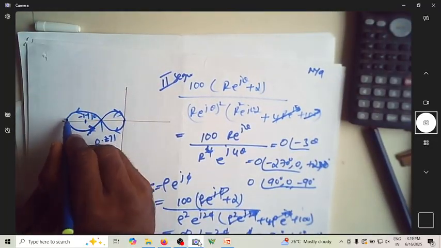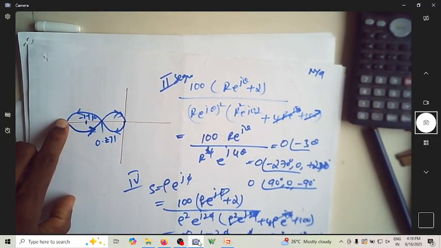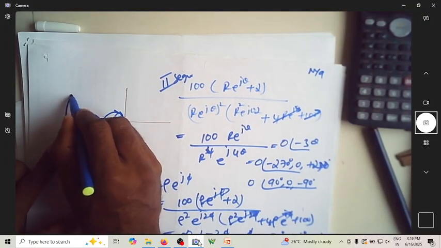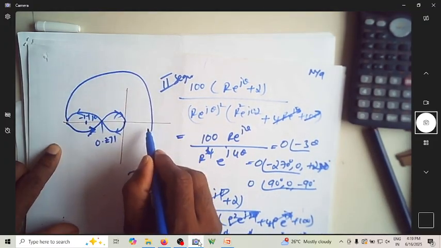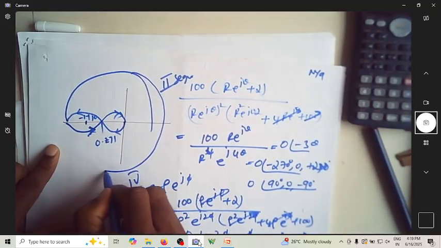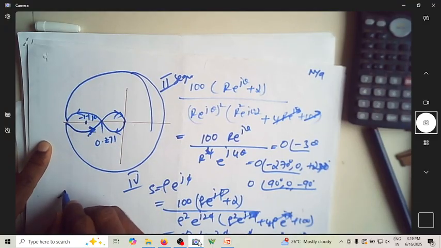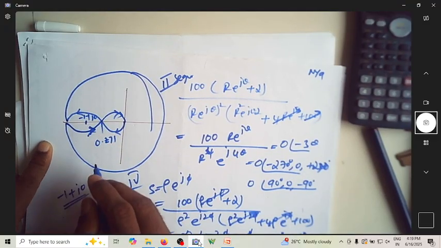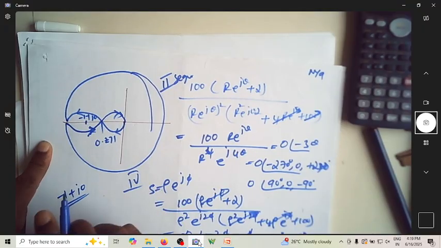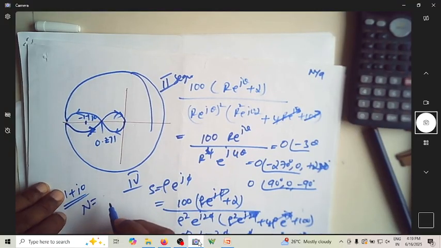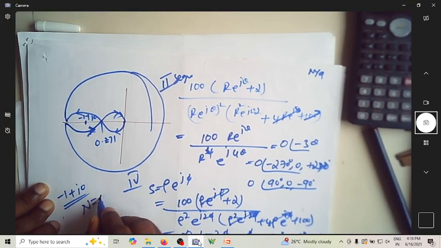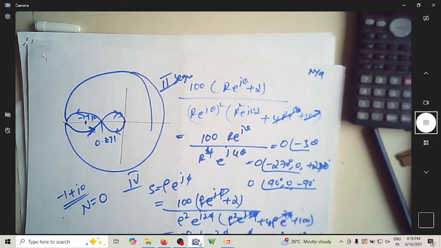It is coming to this point. Can you see this is infinity at angle plus 90? It goes to infinity at angle 90 degree, so it actually goes like this. This is infinity. This is minus 1 plus j 0. So minus 1 plus j 0 is not encircled. So N is actually how much? N is 0.